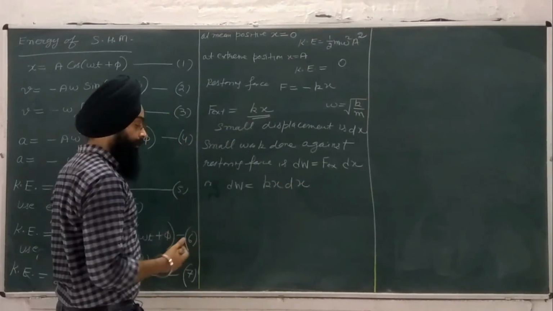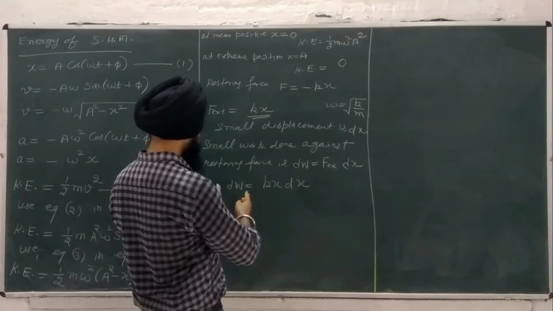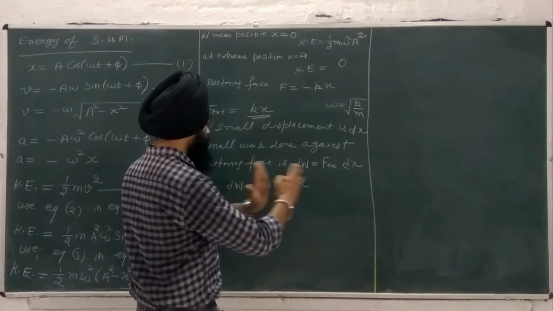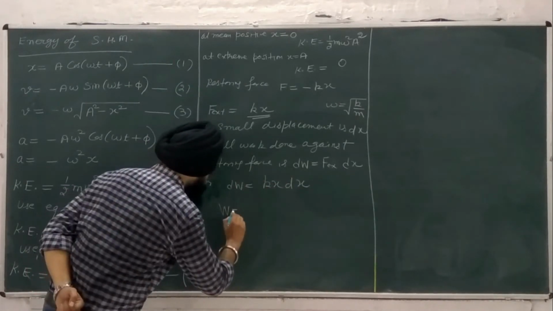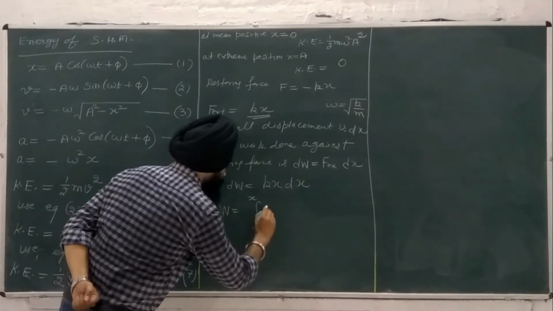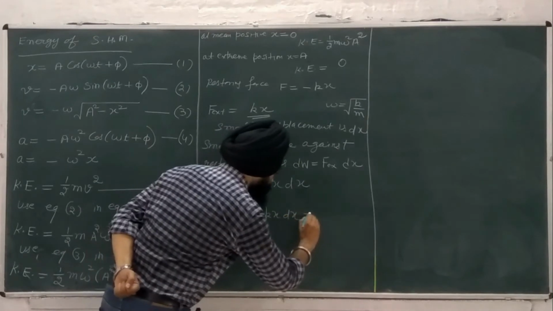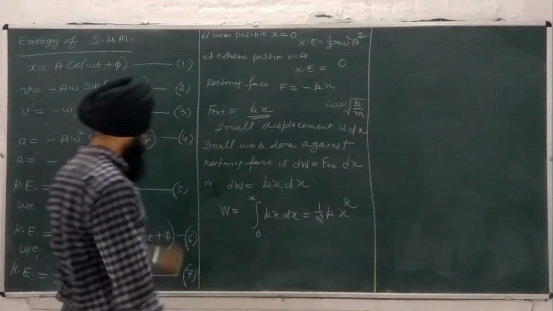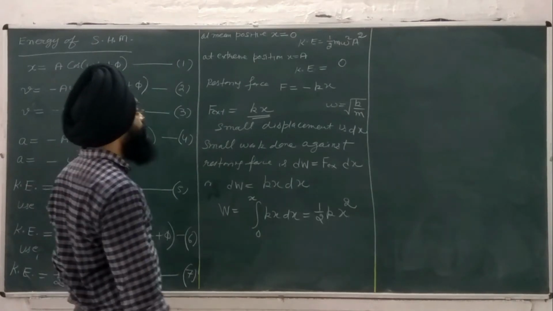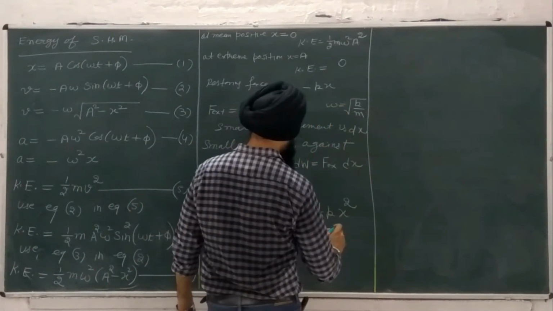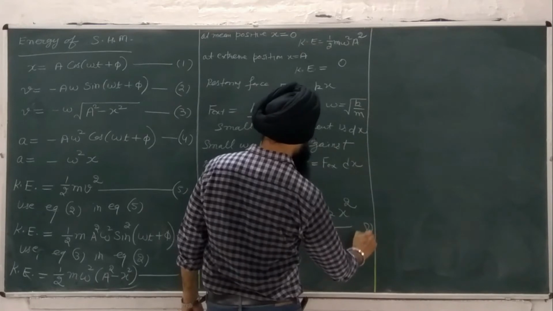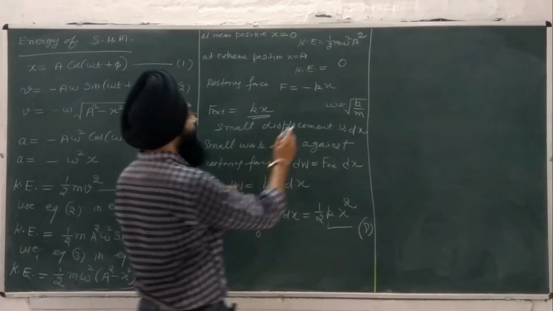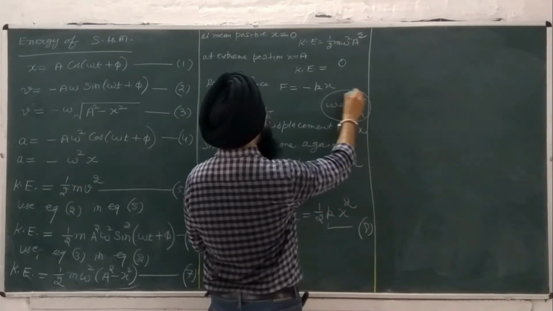The total work done from 0 to x position is W equal to integral from 0 to x of kx dx. After solving, we get half kx square. Let it be equation number 8.